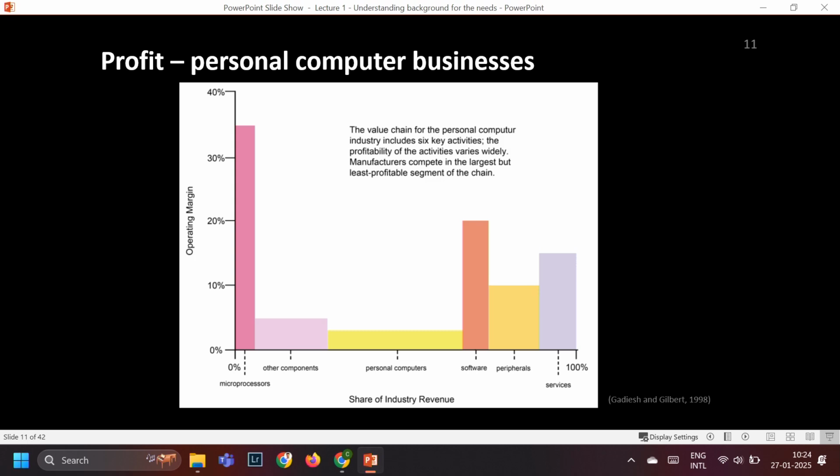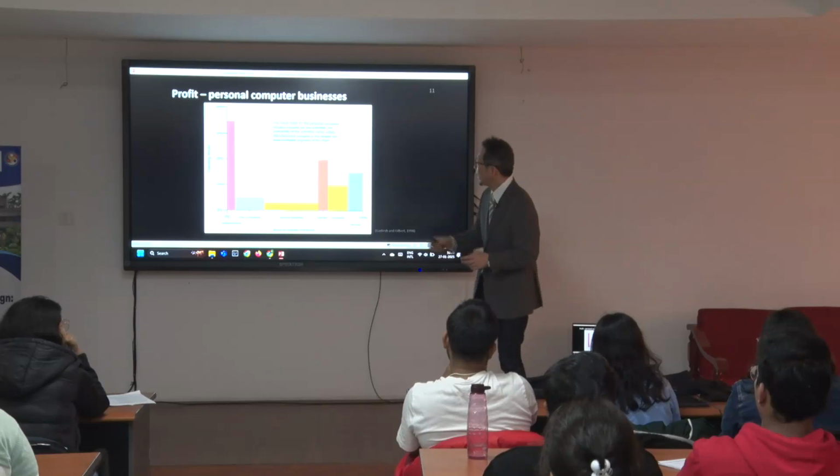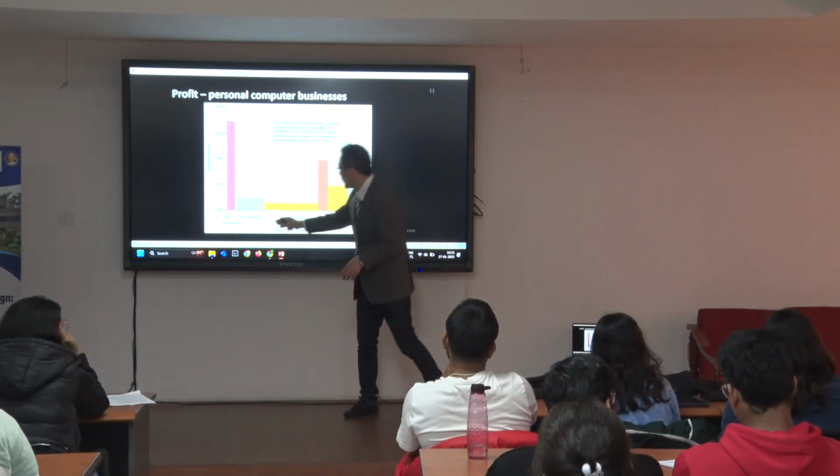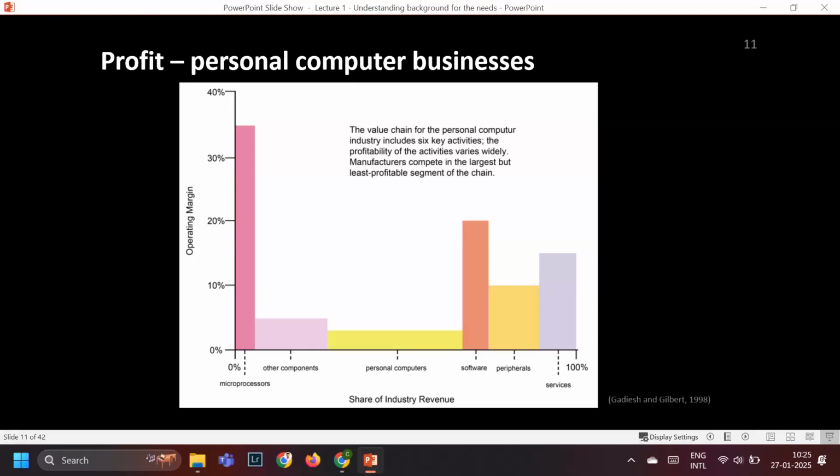So personal computers, they require first R&D and component microprocessor manufacturing, and then other components are also necessary to be produced, and then the final products, in this case personal computers, must be assembled. Thereafter, software industry and also peripherals, some other physical components used for the computer are also provided.